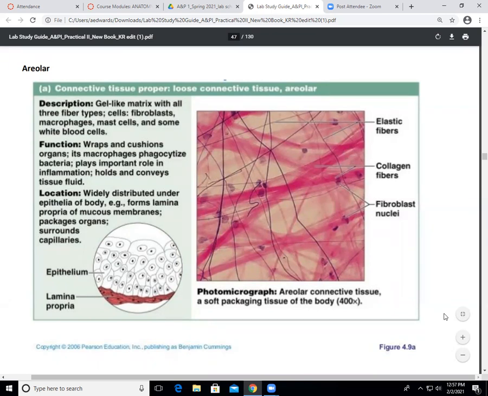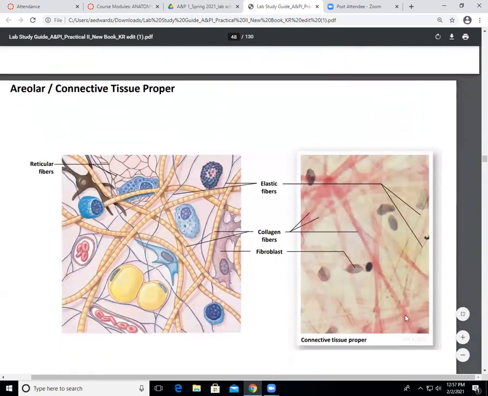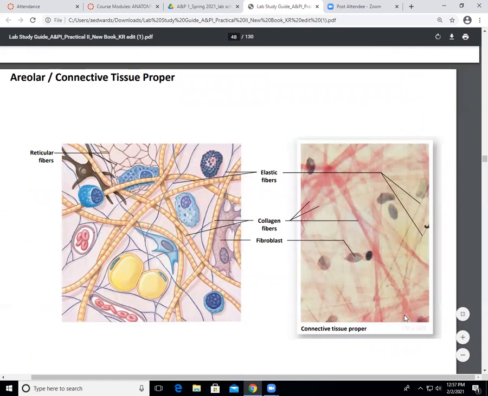Fibroblasts are one of the types of connective tissue cells. So anytime you see the word blast usually means build. So these are cells that build connective tissue. Okay, so that is areolar connective tissue.